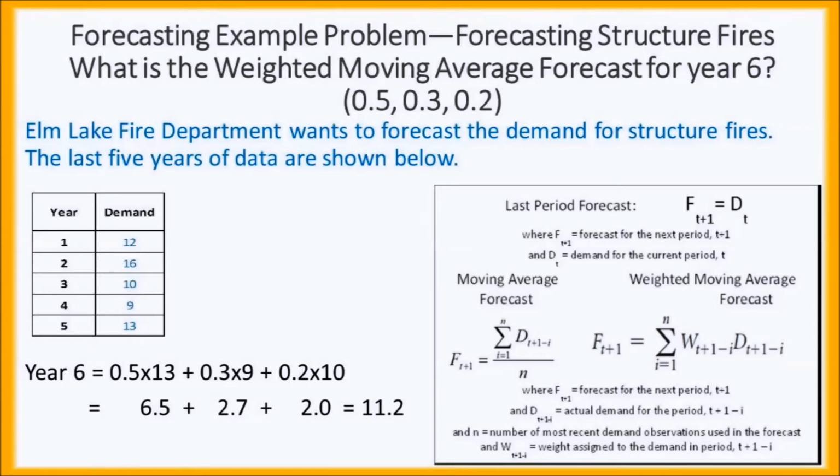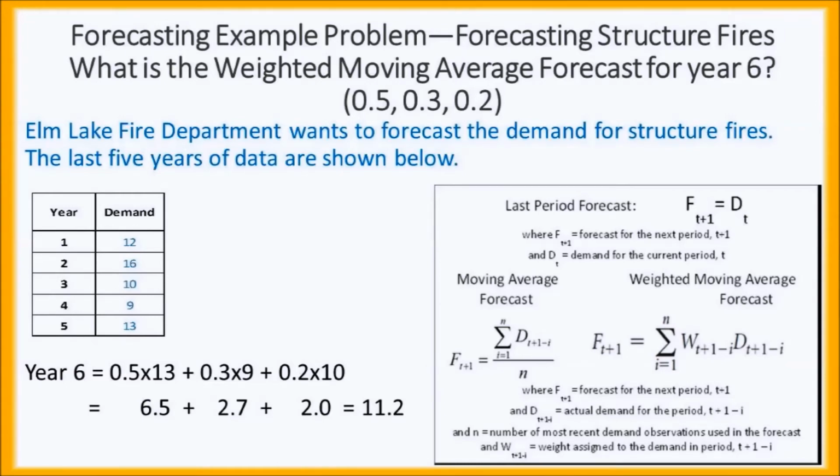Let's take a look at a couple more iterations of this. What if it was asking for the weighted moving average forecast, and let's say that we had the same 3 weights here, but in this case they were looking for the forecast for year 4 instead of the forecast for year 6. So if we're looking at the forecast for year 4, then that implies, for this example, that we're actually standing in year 3.